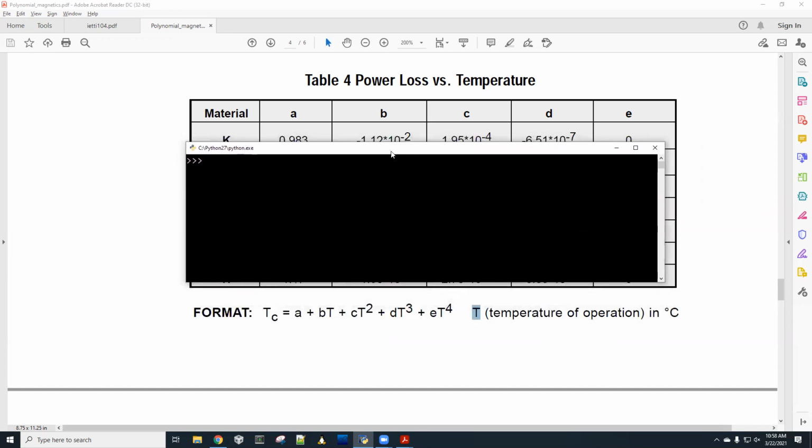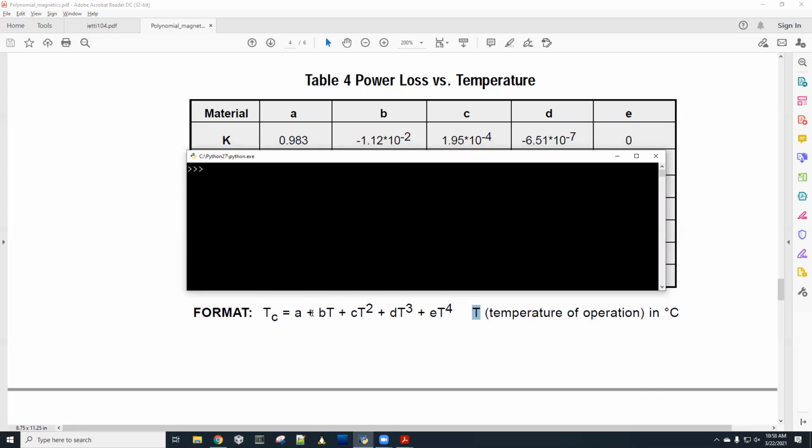Now what I'm going to do is actually enter this equation as we see down here. So what I'm going to do is simply go A, don't want capital, A plus B times T. And before I do that, I should actually define a value for T. Let's set a temperature of 20 degrees Celsius. Now I'll enter the equation with T in it, and we'll see what the result is for power.